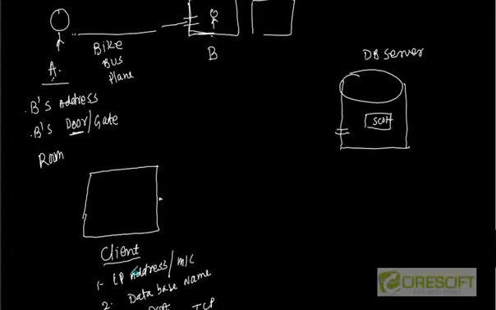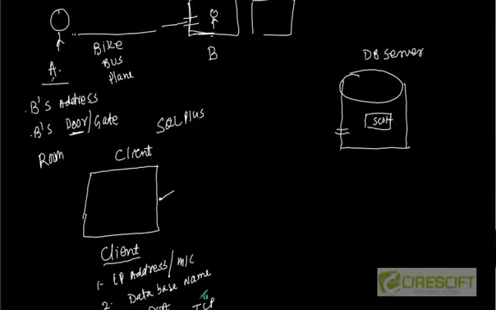If we know this, then from the client machine, a client software can connect, and this client software may be your SQL Plus, or SQL Developer, or Toad, or whatever.